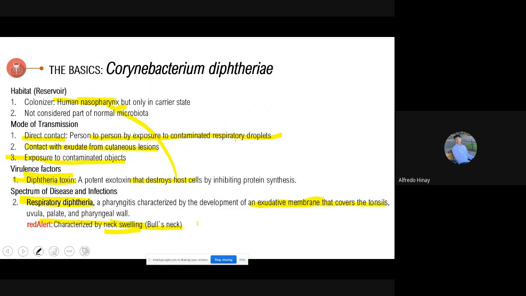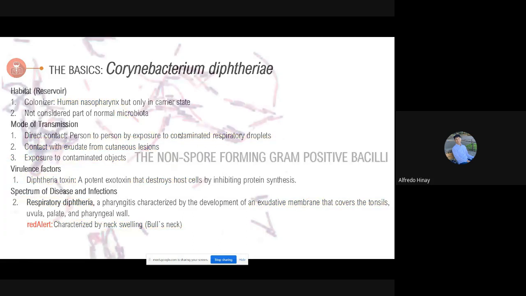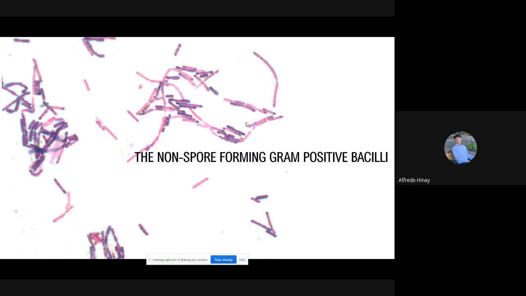So now we are on the last part of your non-spore forming organism, okay, which is your Gardnerella vaginalis. We started with your Erysipelothrix rhusiopathiae, that is a TSI, H2S producer, test tube brush appearance.